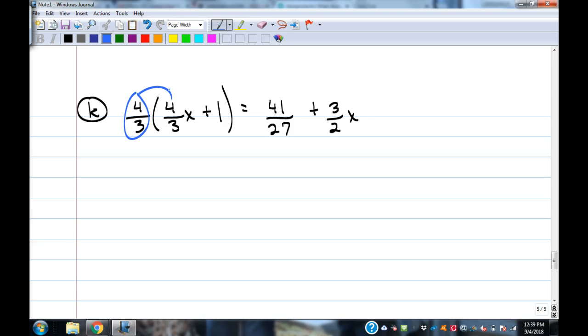Yeah, distribute that stuff there. 4/3 times 4/3 x is 16 over 9x. 1 times 4/3, that's an easy one. That's 4/3. Then we've got to choose what to do.